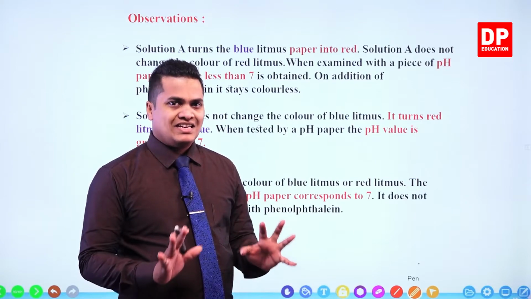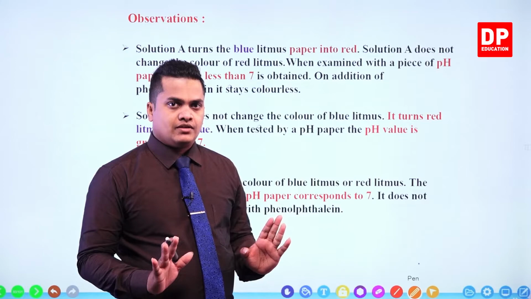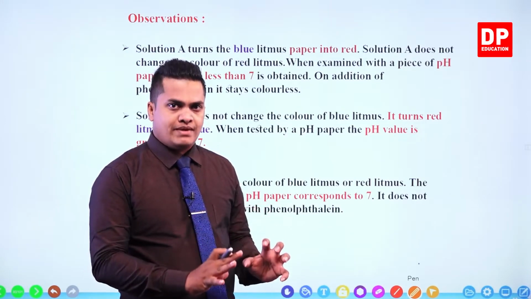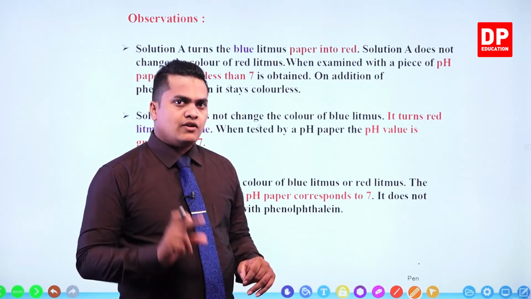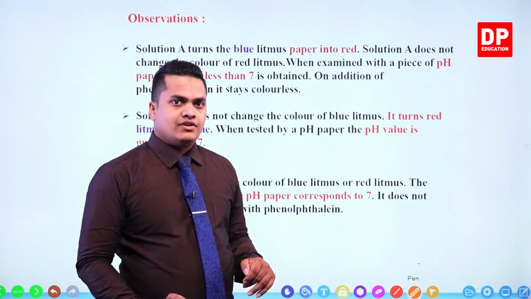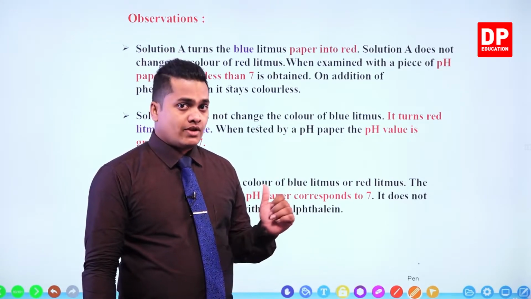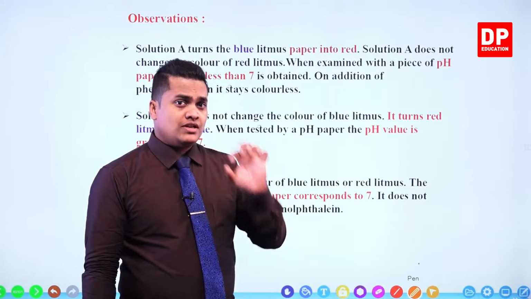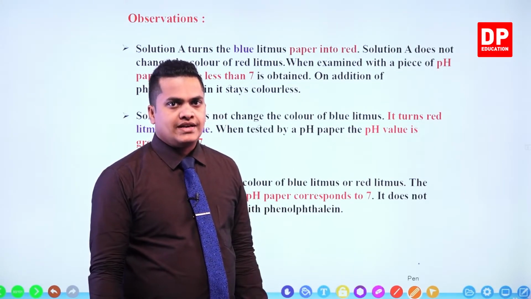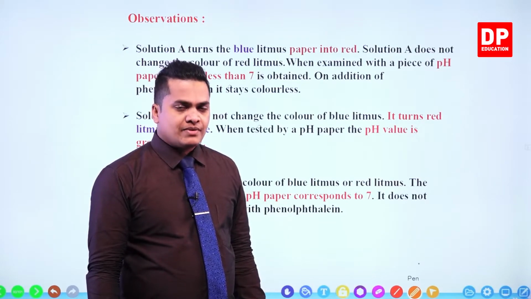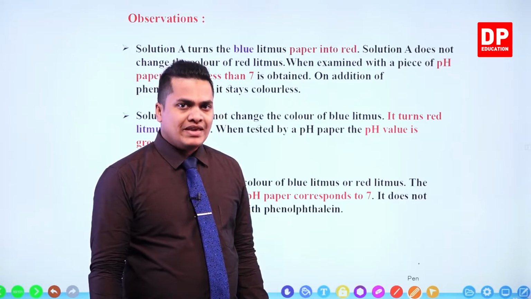Usually phenolphthalein is colorless, but with the presence of a basic substance, its color gets converted to a unique pink color. So we'll write it down here. Phenolphthalein is a special indicator that can be used to identify bases.